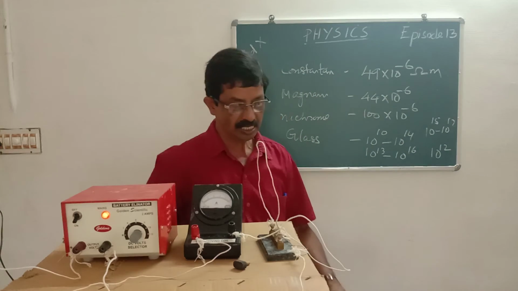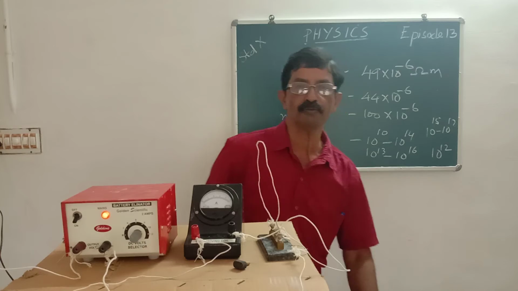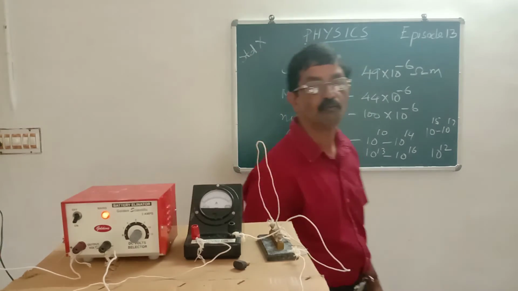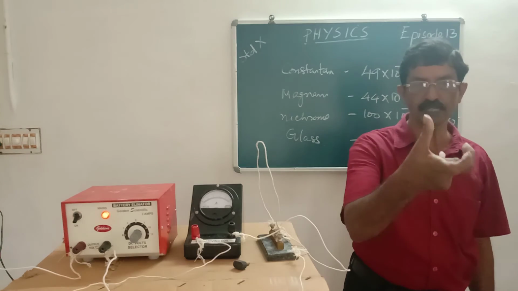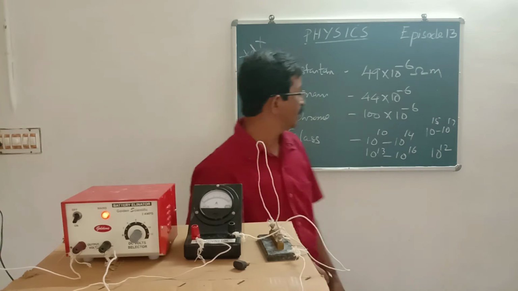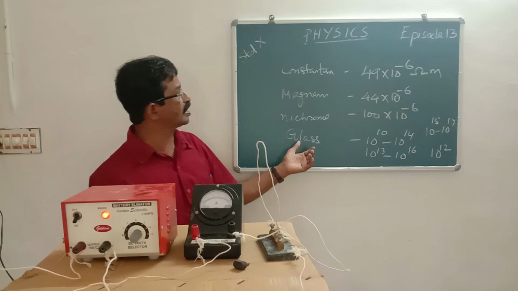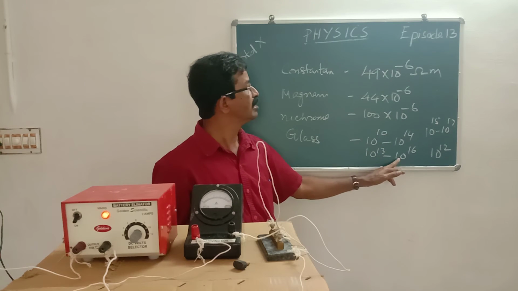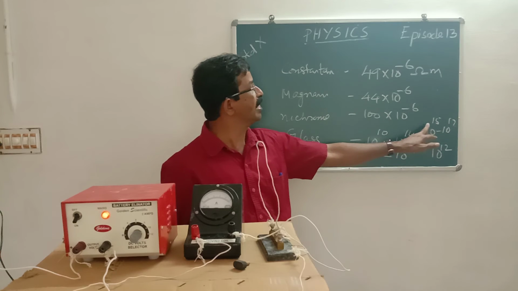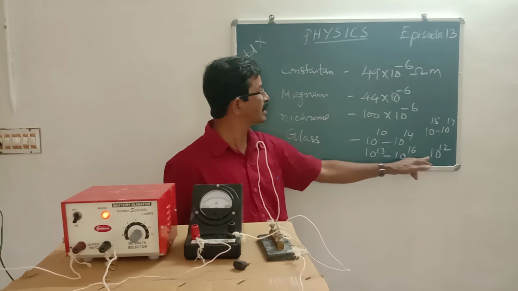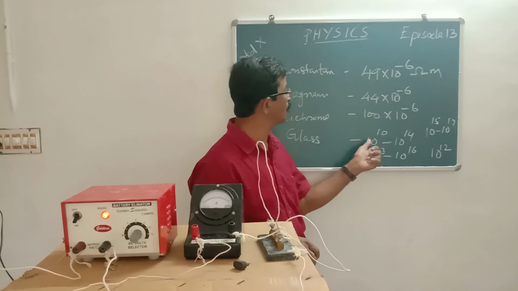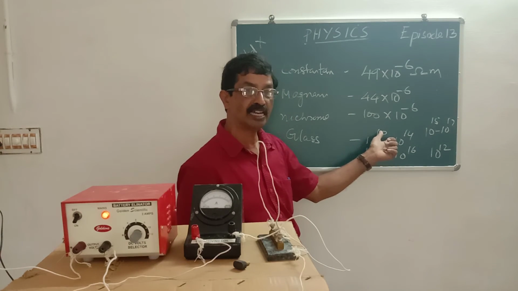That means the resistivity of insulators is very high. Some of them are glass, hard rubber, ebonite, paper. Its resistivity is 10 raised to 10, meaning 1 with 10 zeros, that means very high.